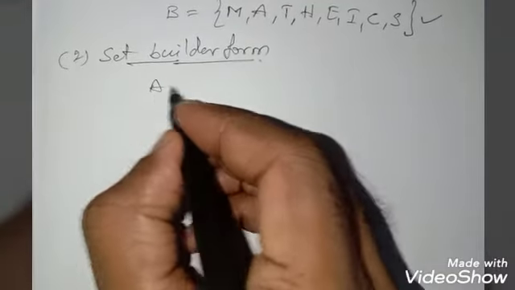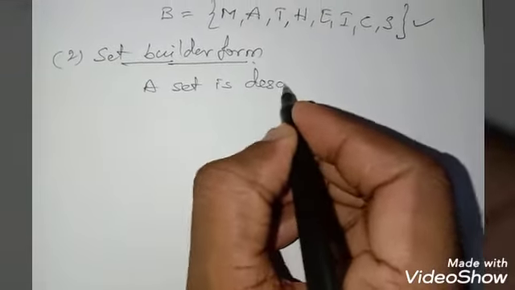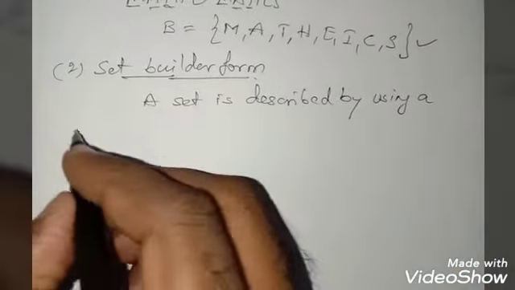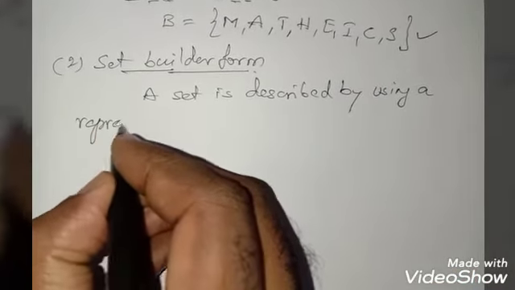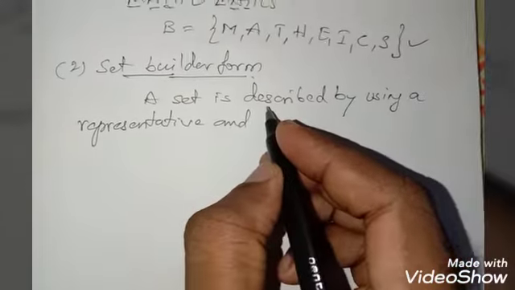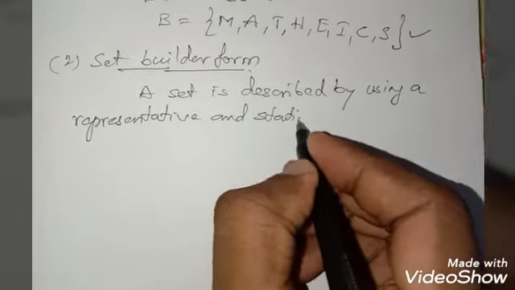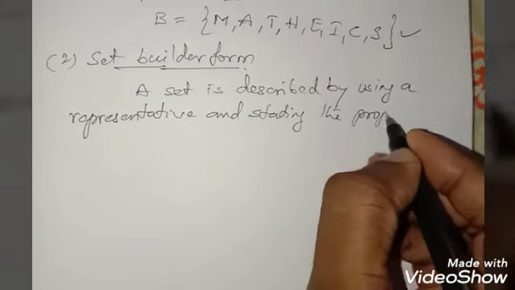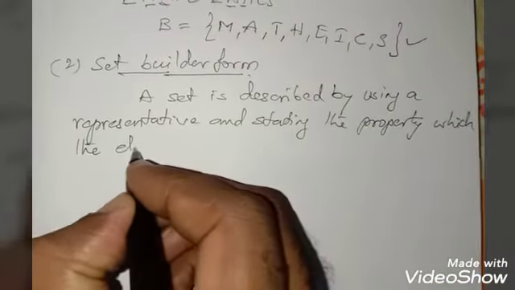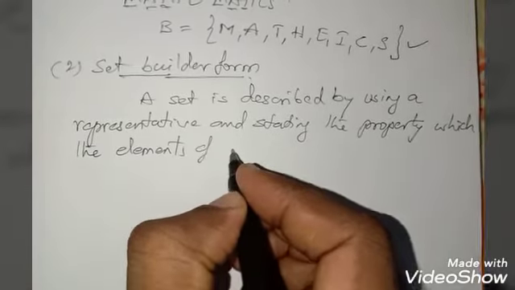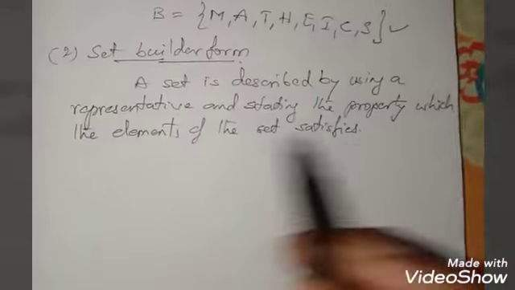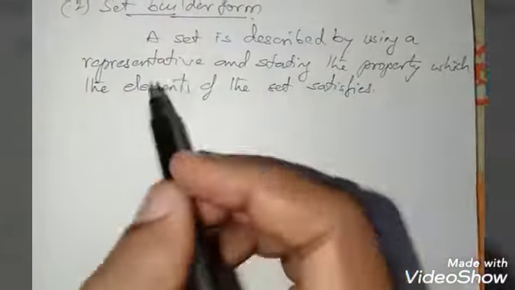In this method, a set is described by using a representative and stating the property which the elements of the set satisfy. To better understand this, let me take one example.